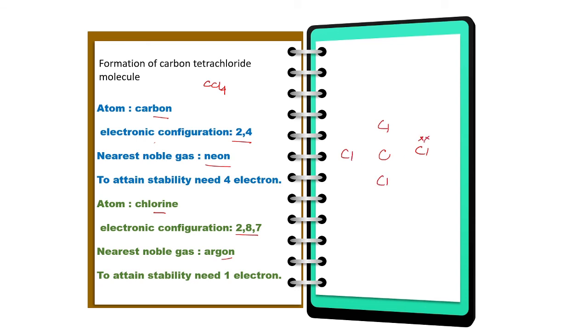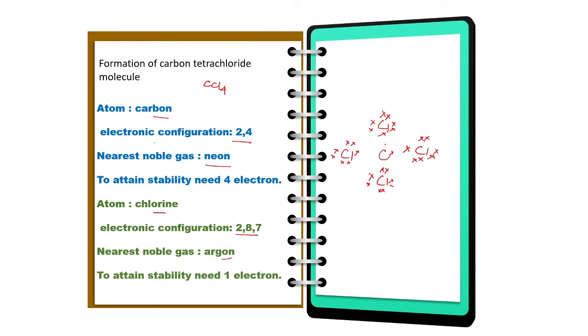Draw the valence electrons of each of the chlorine atoms.